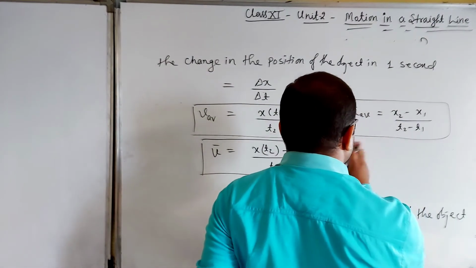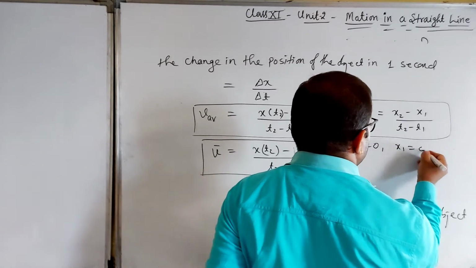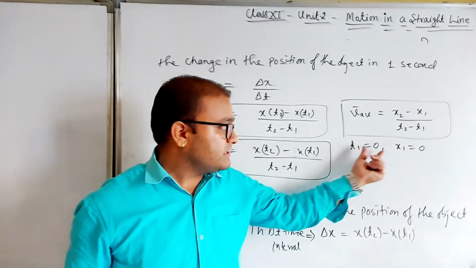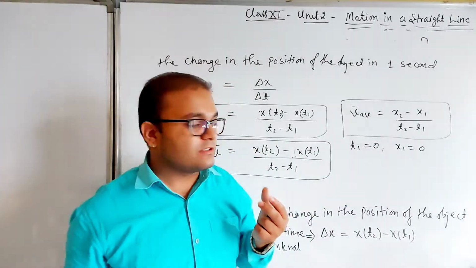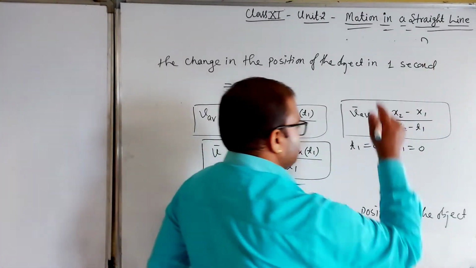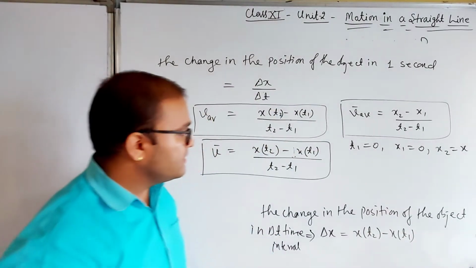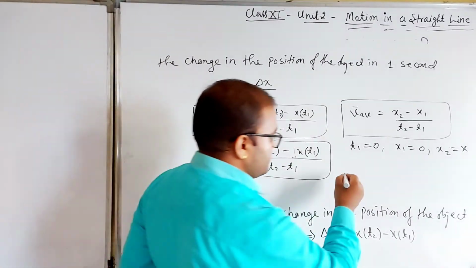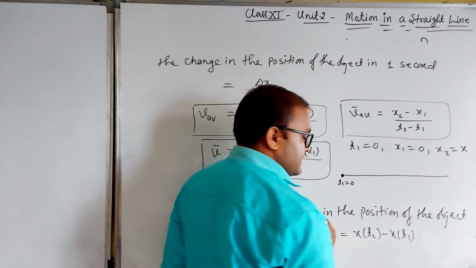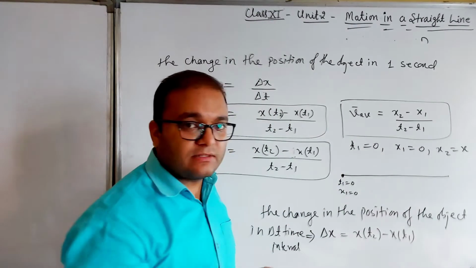If t1 is 0, then x1 is 0, means we have started from the initial position, the object at rest position. Suppose x1 equal to 0, then in that case we can write x2 equal to x. Initially the object is at rest, means t1 equal to 0, and there is no change in position, x1 equal to 0, we are starting from the rest position.